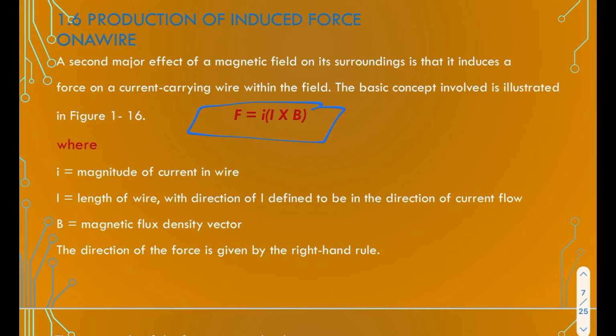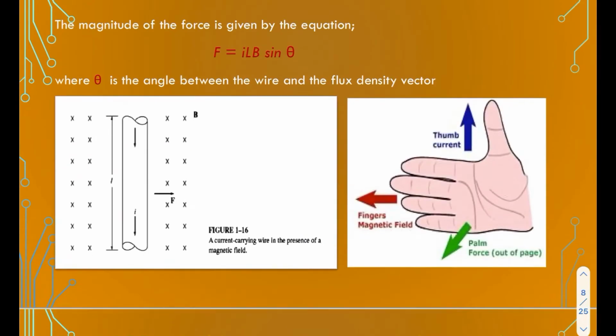The direction of the force is given by the right hand rule. The magnitude of the force is given by the equation. If we have an angle here, we can write I L B sine theta, where theta is the angle between the wire and the flux density vector.